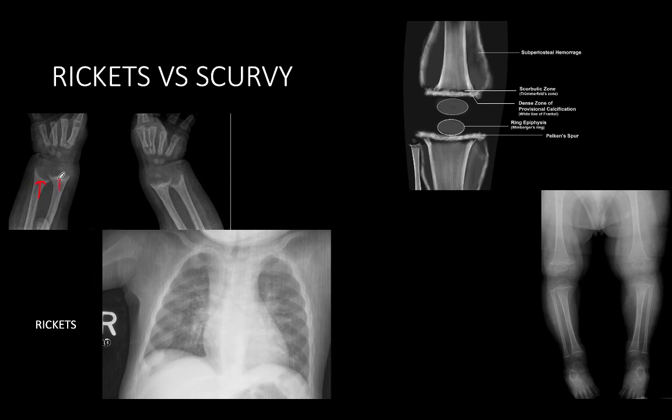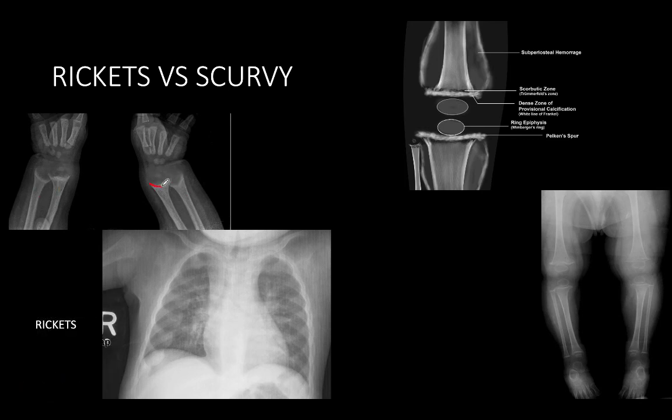Instead of having a clean cortex up against a growth plate, they end up with this really hazy kind of white, what they call a paintbrush metaphysis. Imagine there's like bristles, like really fine bristles coming out of this area. So paintbrush metaphysis, along with the fact that they're really cupped.